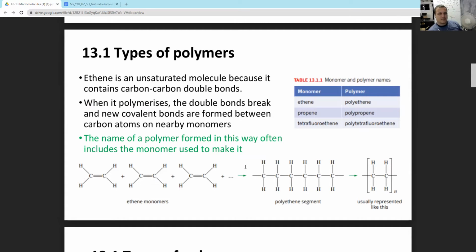So that's how we name it. That's all that means. We have an addition reaction that adds these ethene monomers together into a polyethylene segment.